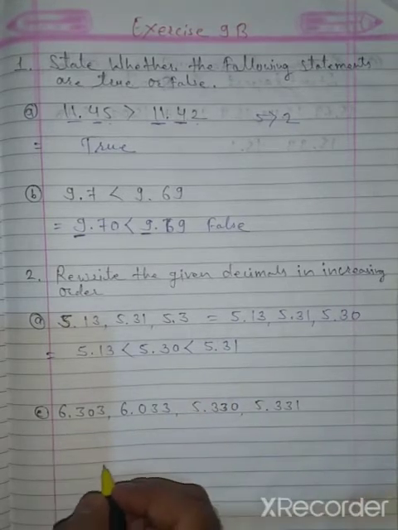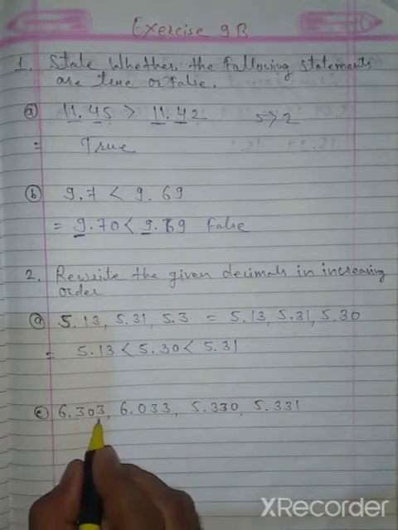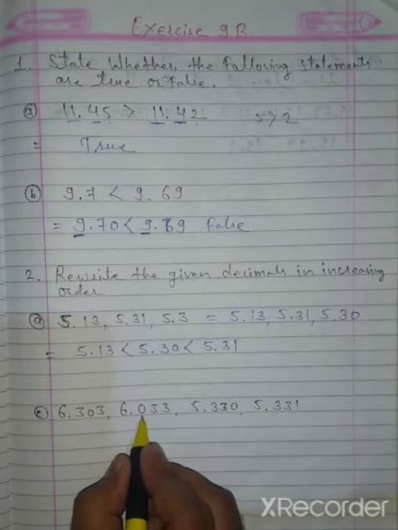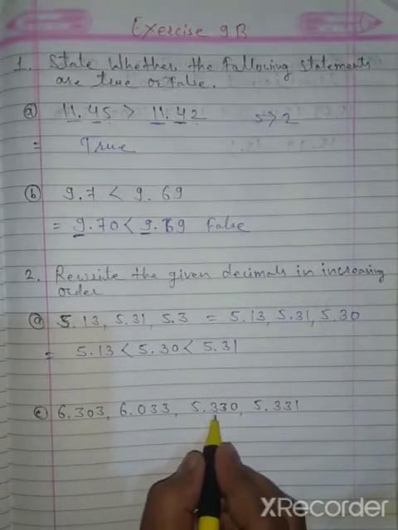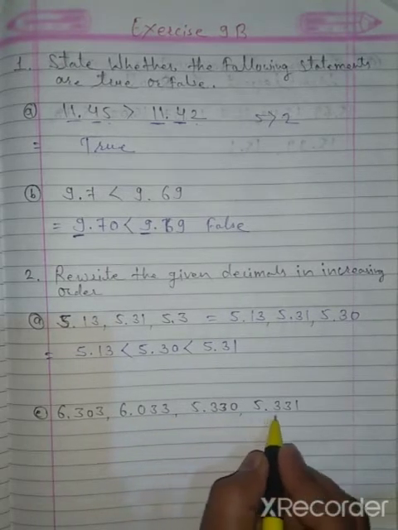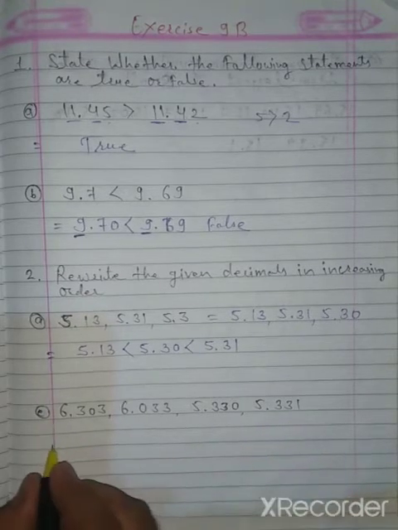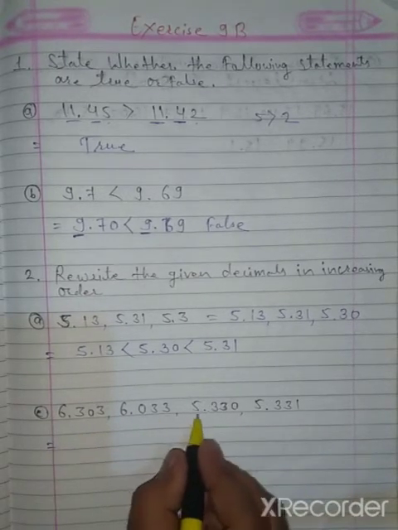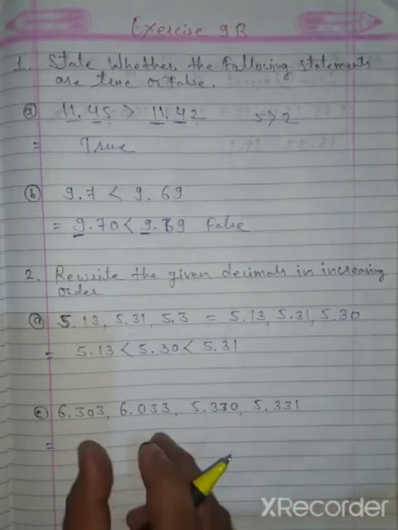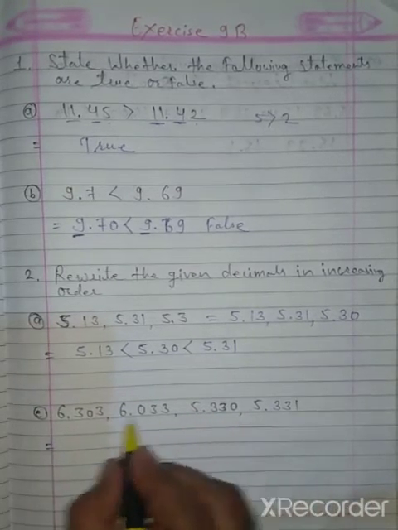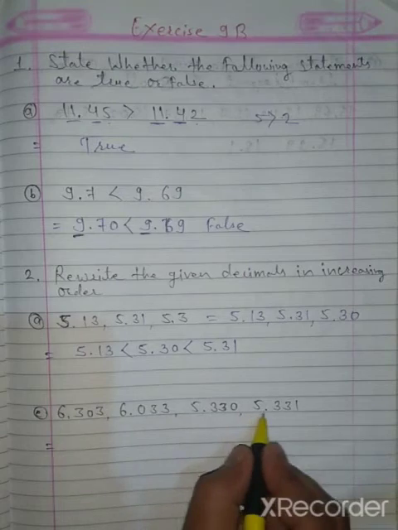Question number E, 6.303, 6.033, 5.330, 5.331. So here all are like decimals, so we will write the smallest one. 6 is not as small as 5.